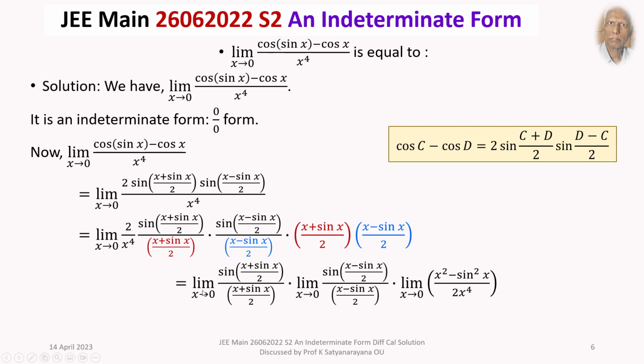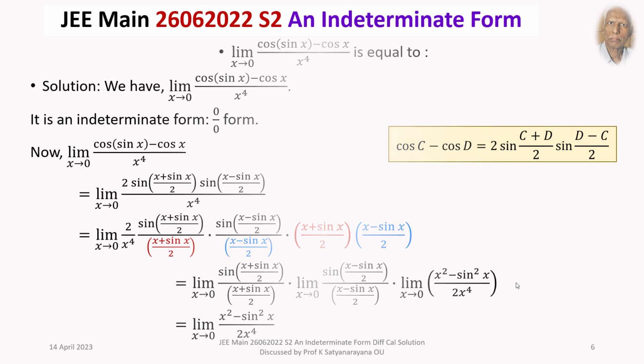It is of the form limit x tends to 0 of sin x by x. That formula we are using. So this is 1, this is 1. So you are left with limit x tends to 0 of (x square minus sin square x) by 2x to the power of 4. Now, we continue the discussion in the next slide.